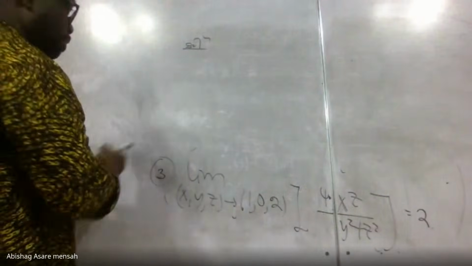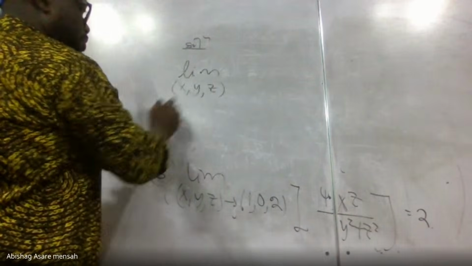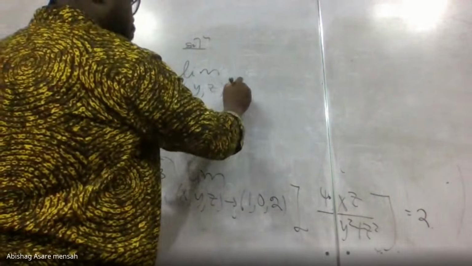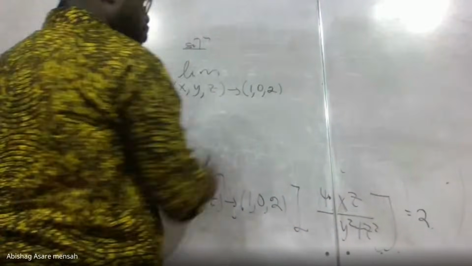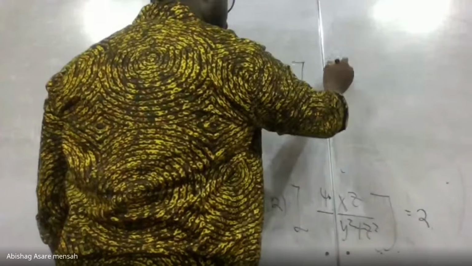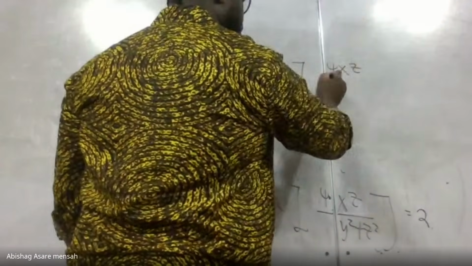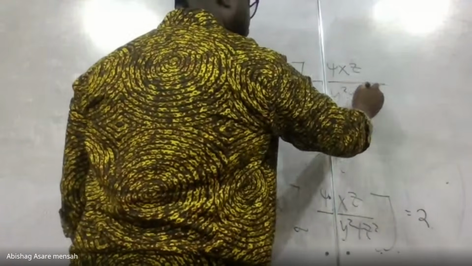The last question is find the limit. I'm writing it here. And this one is to 1, 0, 2. And the function is 4xz all over y squared plus z squared.